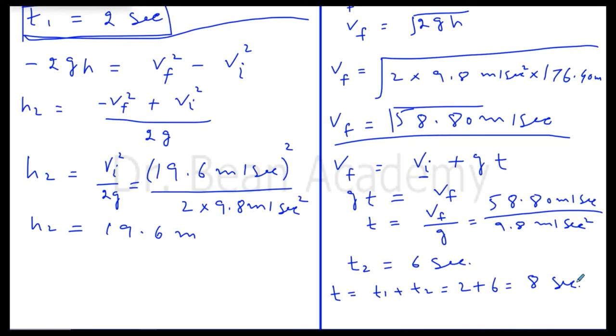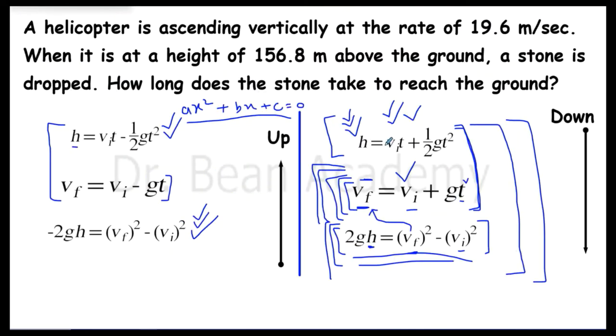I hope you have enjoyed this numerical. And let me tell you the reason why I was not using the first equation. I did not use the first equation because if I use it, for example, to calculate the time t, I could insert the value of h. It would become a quadratic equation of this form. I have already written it for you, ax squared plus bx plus c.